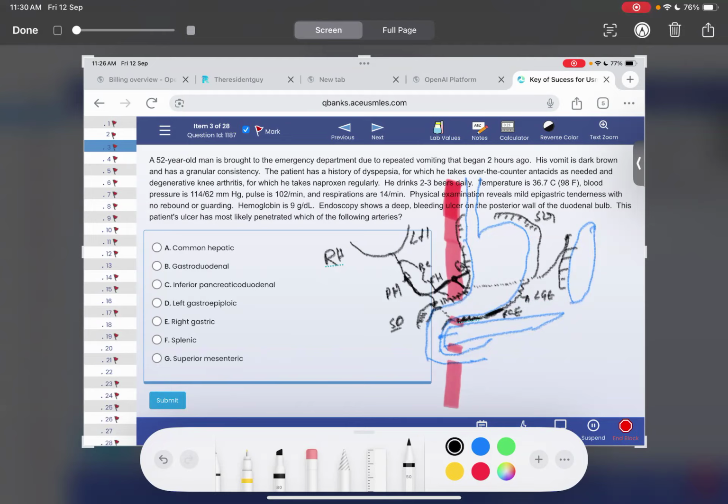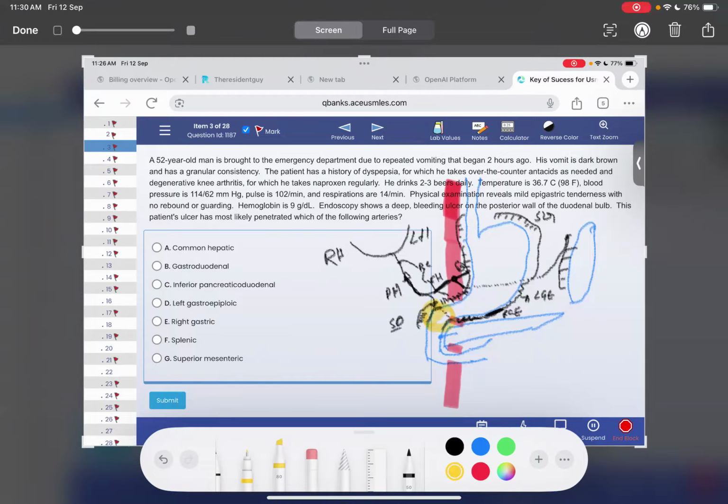So what's your answer over here? Can anyone tell me the answer? There is a problem going on here, a problem in the duodenal bulb.